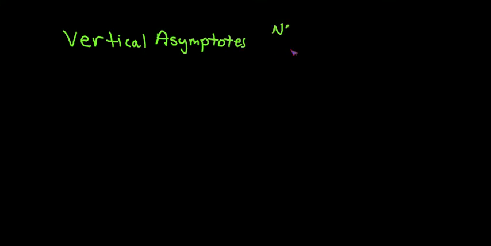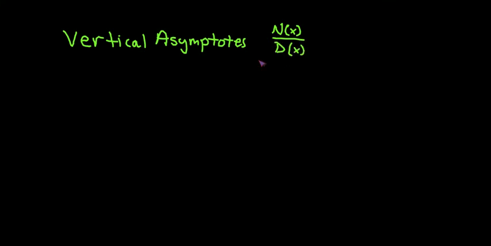Alright, so first things first, here are vertical and horizontal asymptotes. For vertical asymptotes, we've got our numerator, that's a polynomial. We have our denominator, that's a polynomial.